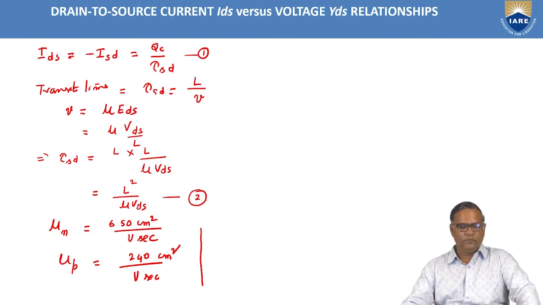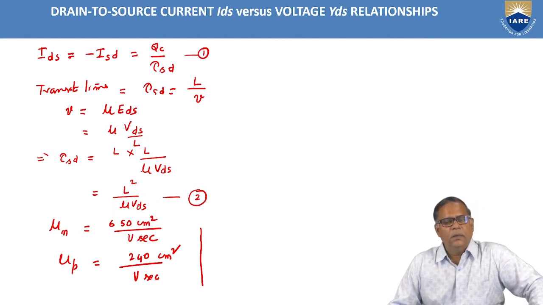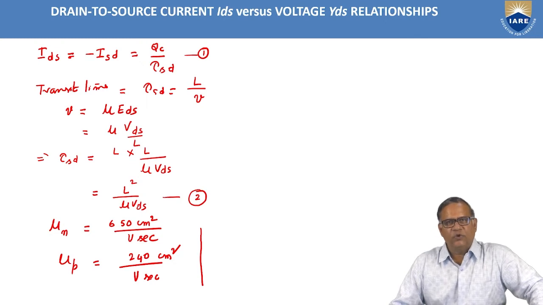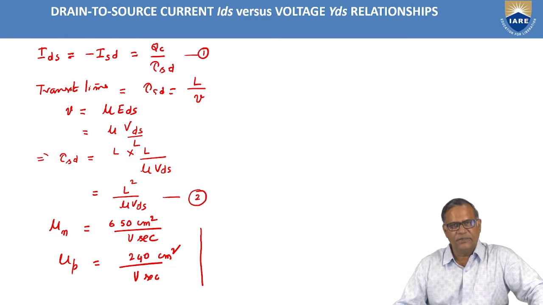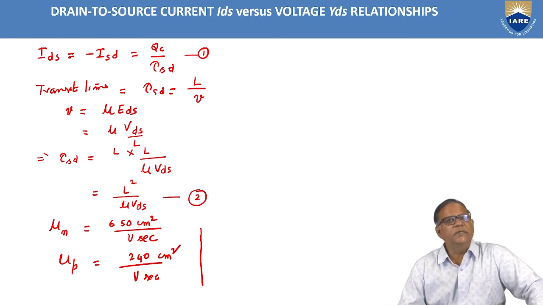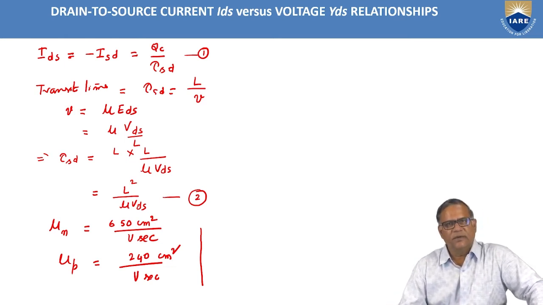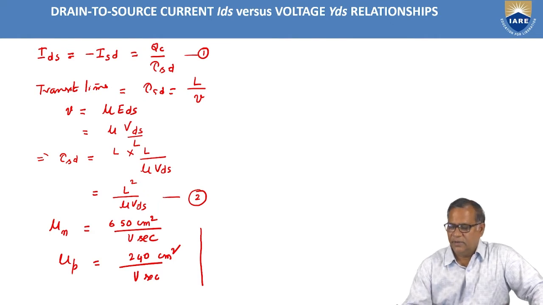Okay. Now, the MOSFET has two regions of operation, saturation region and the non-saturation region. You have already studied the MOSFET characteristics, VI characteristics in EDC. So the MOSFET characteristics are typically like this.